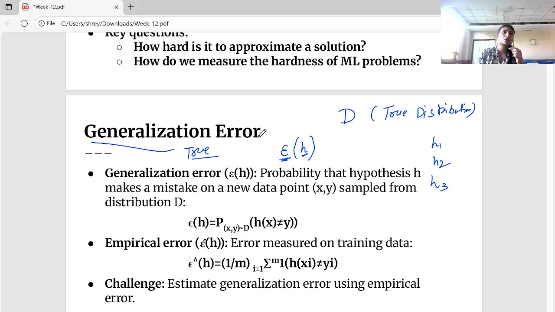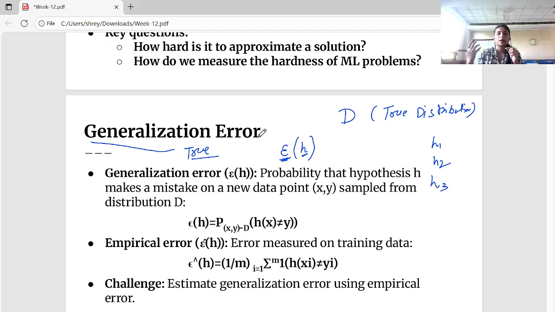So in machine learning also, initially the goal was to approximate the true data distribution. For that, first we will define some terms. The first is generalization error. Wherever you find the term generalization, it is directing towards the true distribution.